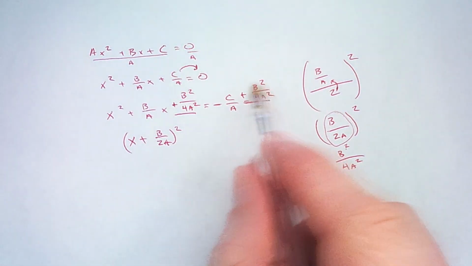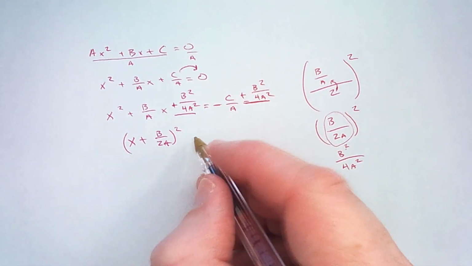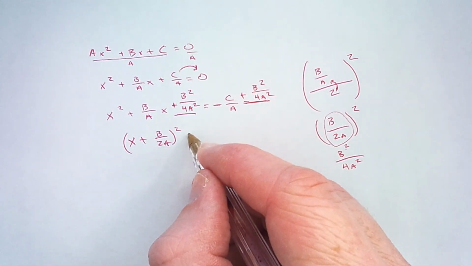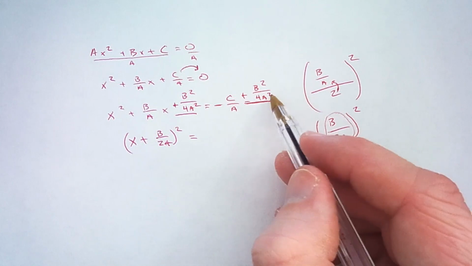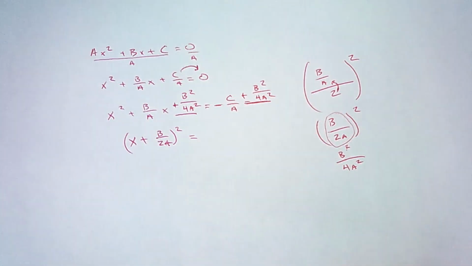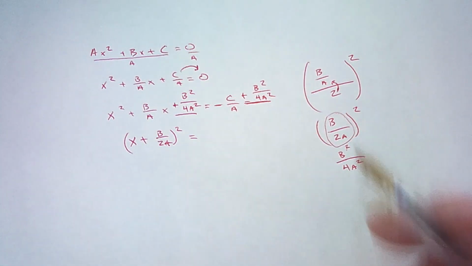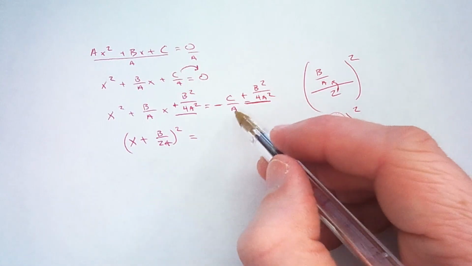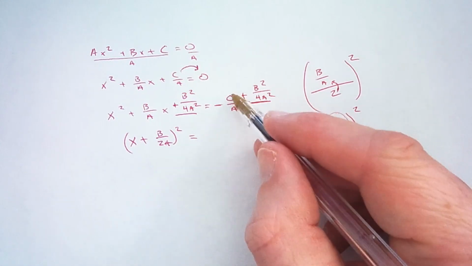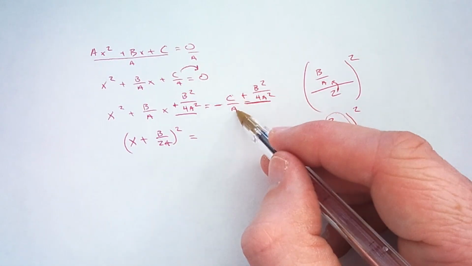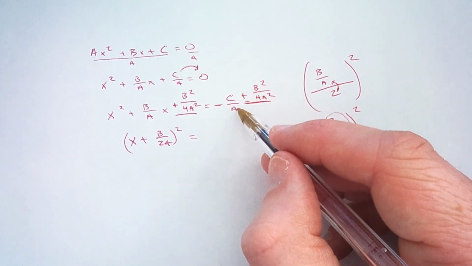On the right side, we need to add these two fractions. Okay, so we have equals, and then in order to add these fractions, I need a common denominator. So I'm going to have to multiply the numerator and denominator here by 4a in order to combine these fractions.